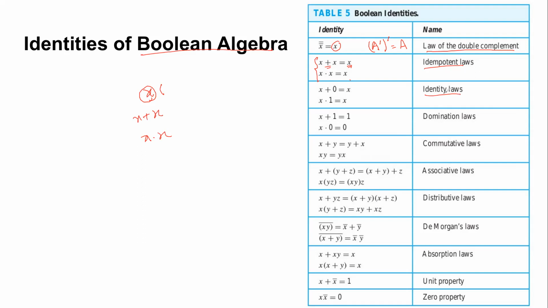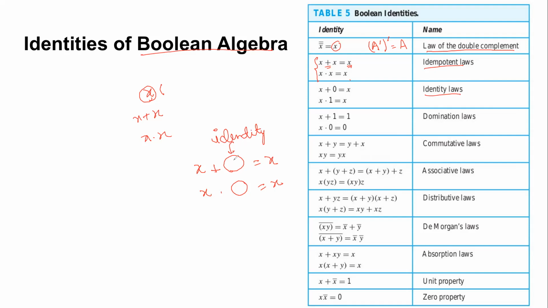The next category of laws are known as identity laws. What the identity law basically says is, for various operations, whether it's Boolean sum or Boolean product, what is the element that you operate on such that you get the expression back. In general, an identity element, as we'll study later in group theory, is that element which when applied with some expression along with an operation gives you the expression back. So if I consider Boolean sum, what is the element which when added will give me the expression back?